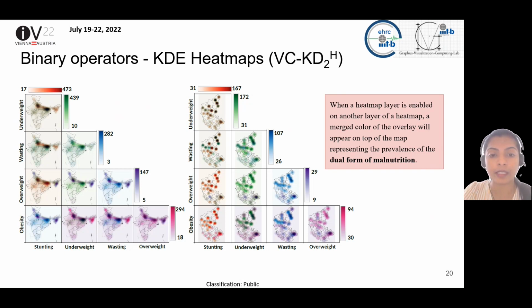The northern belt in India prominently shows strong coexistence for any two conditions. In Karnataka, we see sparser point patterns of coexistence between stunting and any other conditions. Otherwise, we observe a larger overlap between any two conditions across the state.